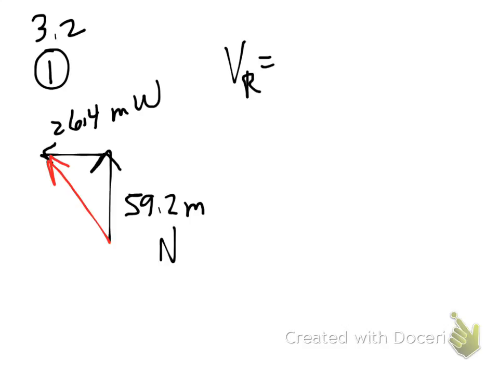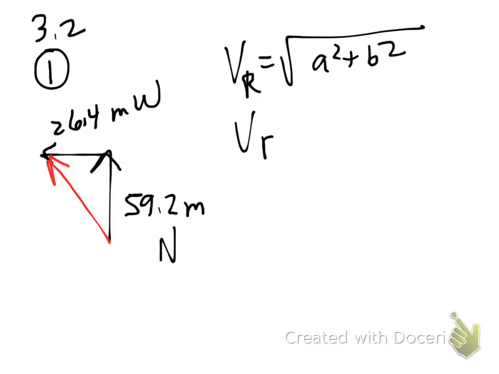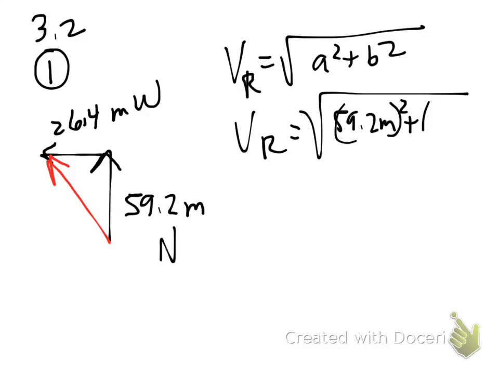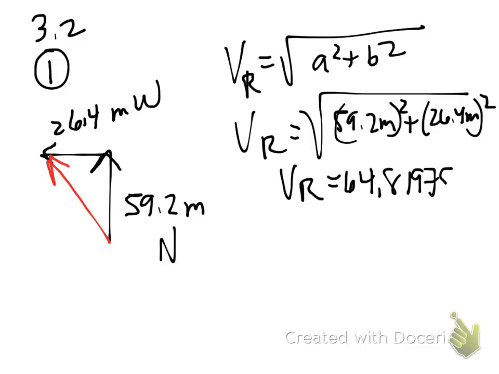So we know that our resultant vector is equal to the square root of a squared plus b squared. Resultant vector is equal to the square root of 59.2 meters squared plus 26.4 meters squared. Resultant vector is 64.81975009 meters.